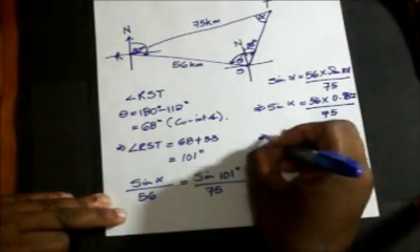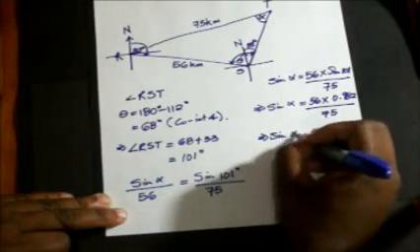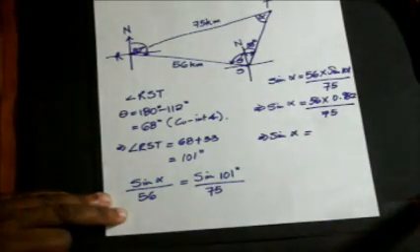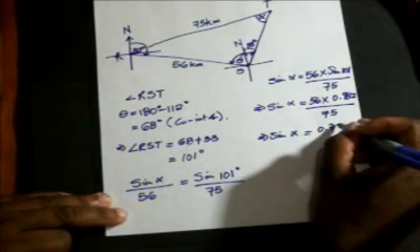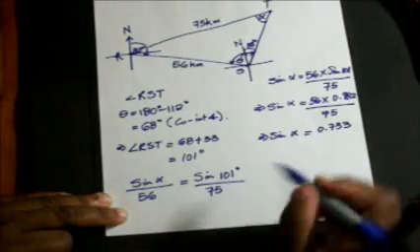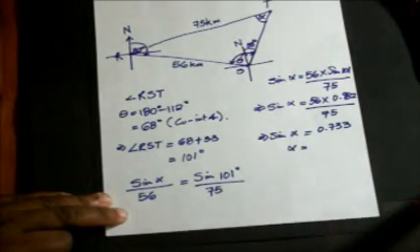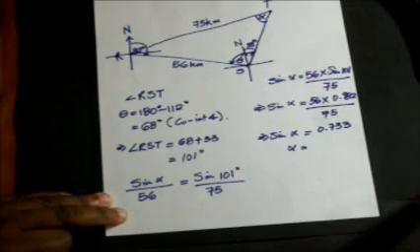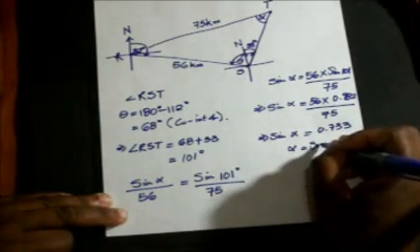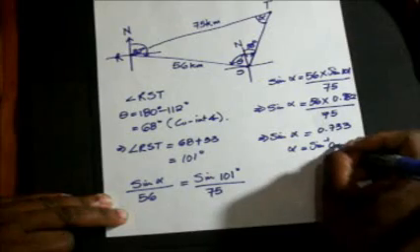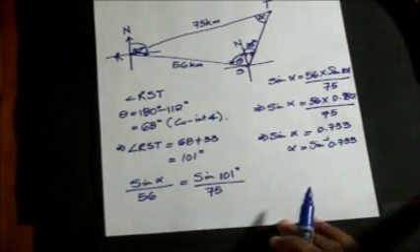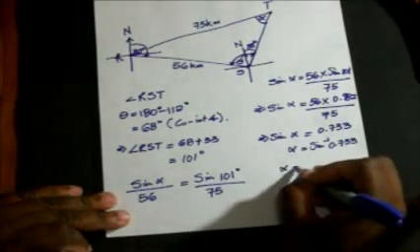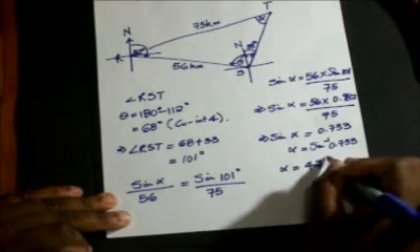Ladies and gentlemen, if you throw all of that in a calculator and give me 3 places of decimal, it is equal to 0.733. Whenever we find an angle, we always use the inverse. Angle alpha is therefore equal to sine inverse 0.733. Ladies and gentlemen, it means that alpha is equal to 47 degrees.